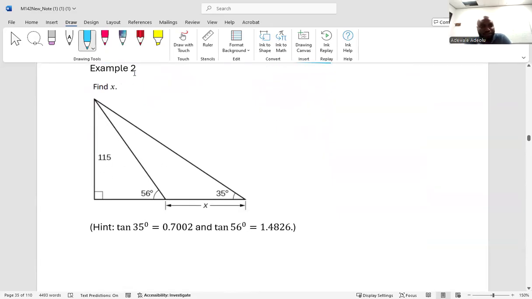Okay, in this problem, we want to find the value of x. This is a little bit more than what we have seen, in that we are not looking for the whole length here, we are looking for just a part of it.